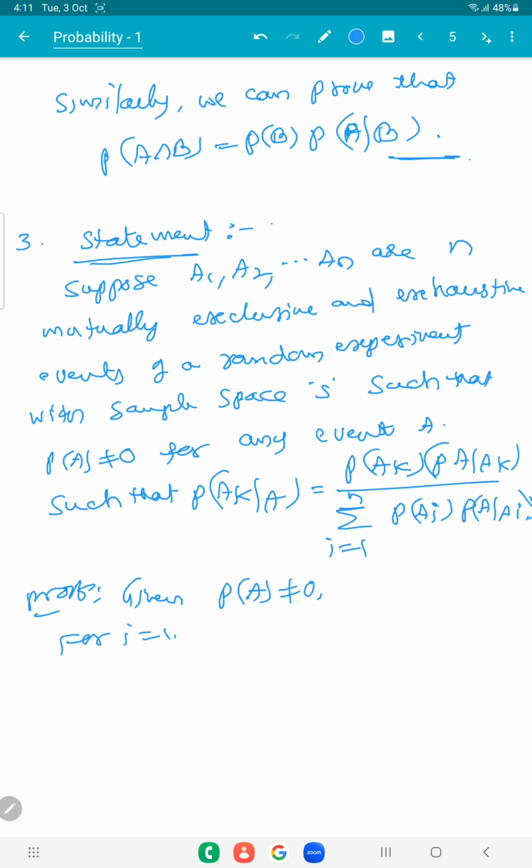For i equal to 1, 2, 3 and so on, P of Ai is not equal to 0.